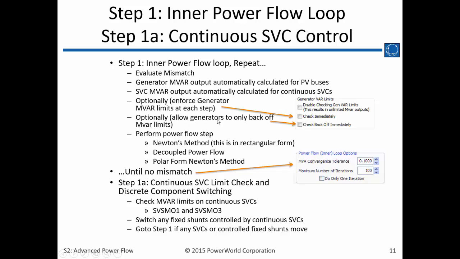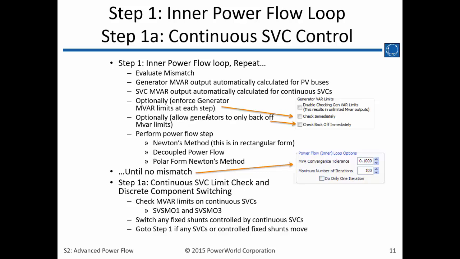You can also optionally tell generators to only back off of VAR limits, and so you can say check back off immediately. Typically, if they're at a limit, it leaves them there initially and solves the bus as a PQ bus instead of a PV bus for the first time through the solution. But if you tell it to check if it can back off immediately, you can have it look and see immediately, before it even does a solution, if the VAR output at a limit could be reduced.